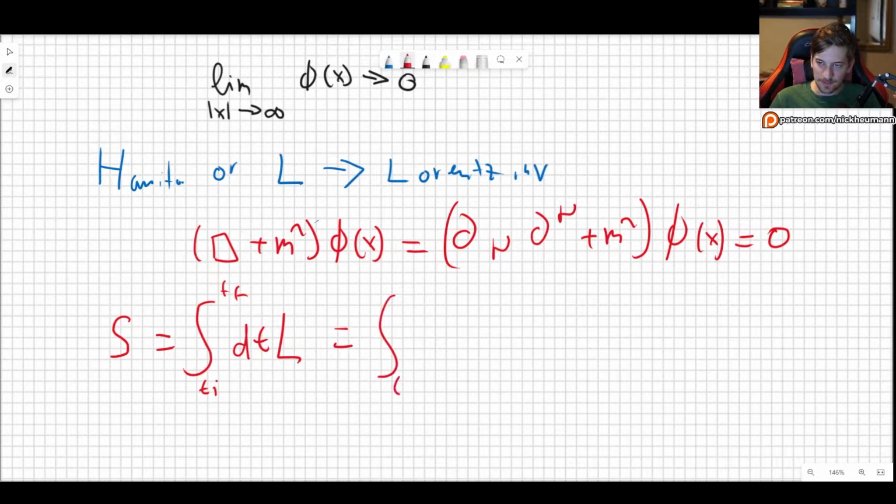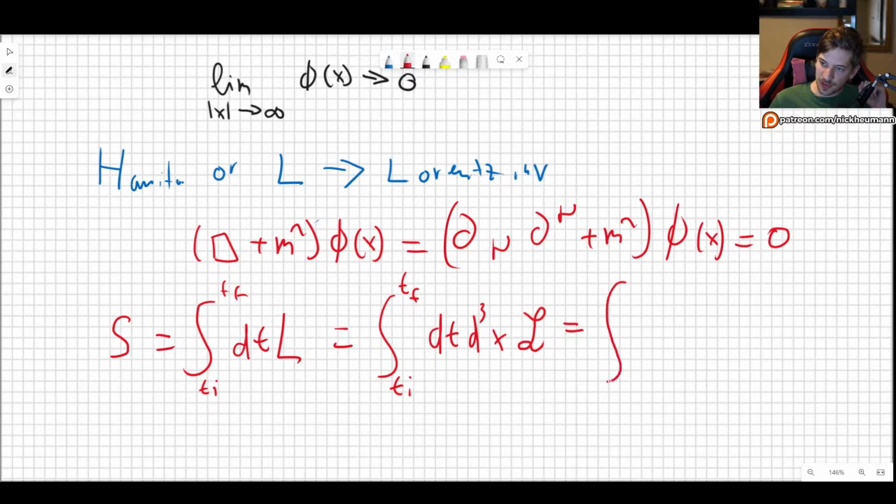So if we write it now, we have the integral from ti to tf, and also over all of space, but we are going to leave that implicit, so d3x of this cursive L. This is an L written in cursive. I don't have the best cursive, but that's what it is.